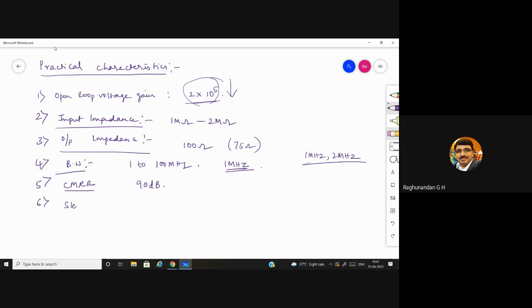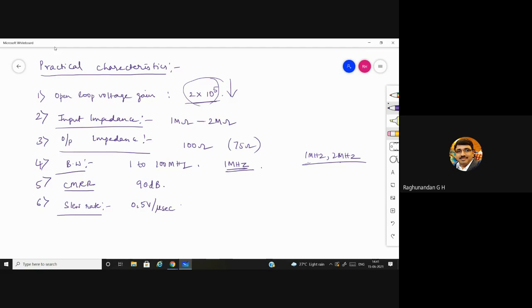Coming to the slew rate, we told the slew rate was infinite in ideal characteristics, but practically it is 0.5 volt per microsecond. That means in order to show a variation of 0.5 volt, it takes a microsecond. If you have increased the input by 0.5 volt and you want it to be reflected at the output, then it takes 1 microsecond.